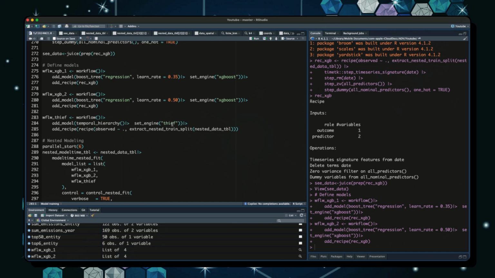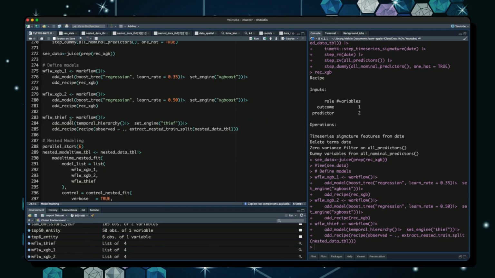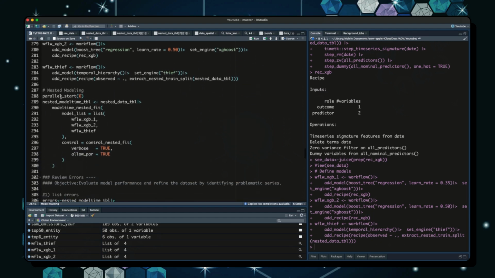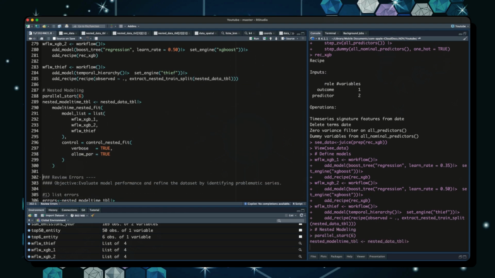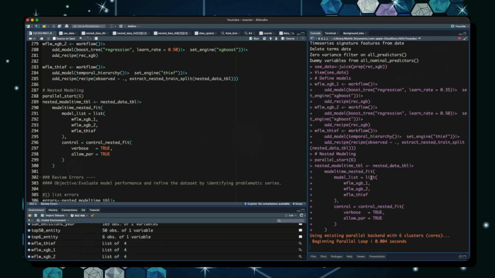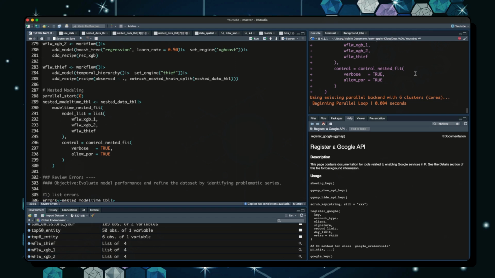And I try a non-tuned thief, so a thief model, which will be our third model here. So let's run this in parallel. It usually takes 20 seconds to run, but as I'm recording this, it may take a little bit longer today.